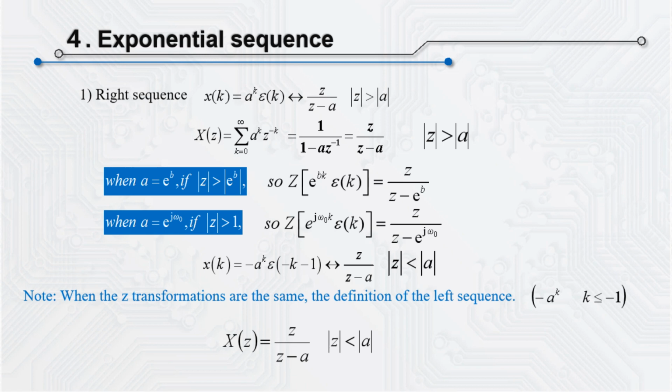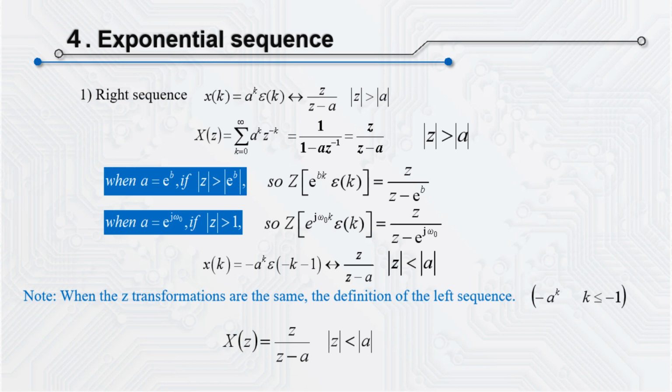This is the result of the z transform corresponding to the right sequence and the left sequence. Everyone noticed that the results of their z transformations are the same, but the difference is the corresponding convergence domain.